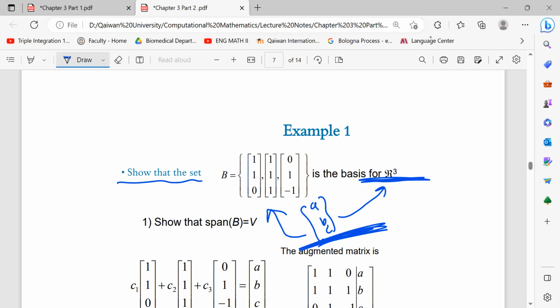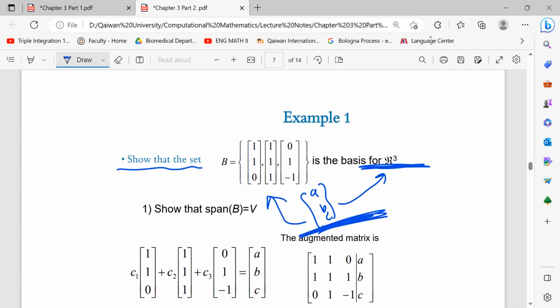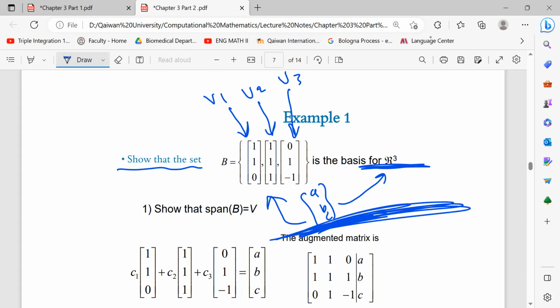Now, this is V1, this is V2, as you have 3 vectors in it. This is V3. You say C1V1 plus C2V2 plus C3V3 is equal to what? Equal to the vector in R3.